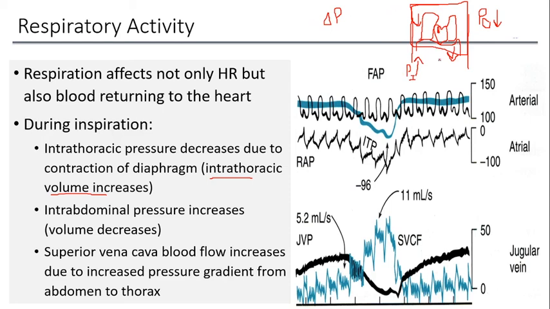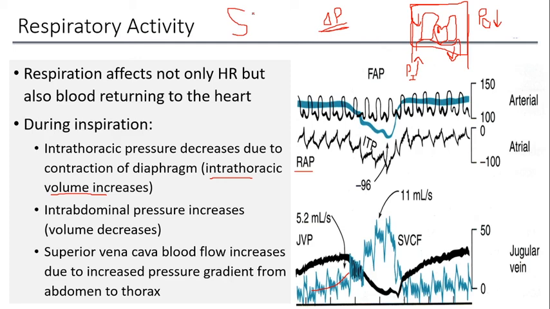Therefore, during inhalation, when this diaphragm contracts, we see an increase in blood flow to the superior vena cava. And that's basically what's predicted here, right? So we have right atrial pressure, and what we're seeing is during that inhalation, it starts to decrease, and that helps to increase the pressure gradients. And then therefore, we're going to see more blood flow head towards the vena cava, and that's going to help the venous return and therefore help stroke volume.